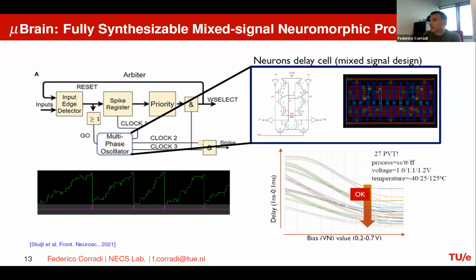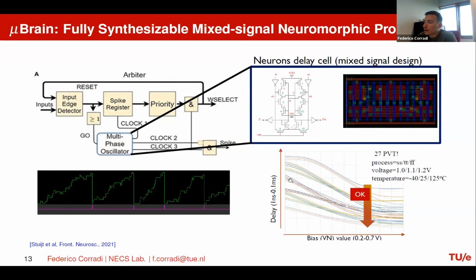And this is an analog design. This is the only analog cell that we designed in the full architecture. Because it's an analog design, we needed to have characterizations with as much process, temperature and voltage variation as possible. We did that also for different supply voltages and different temperatures.